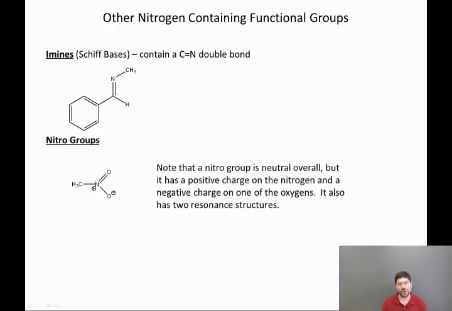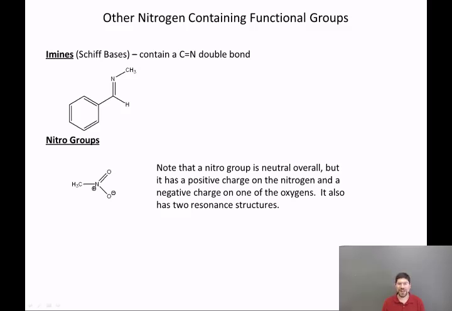The nitro group is another group that will come up frequently in organic chemistry. Okay, so the nitro group formally has the formula NO2. And you may have learned about the nitro group in your general chemistry course, but if you didn't, it's a group that is neutral overall.